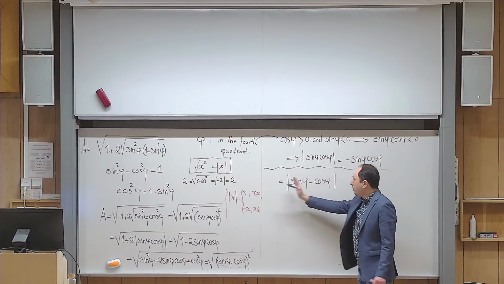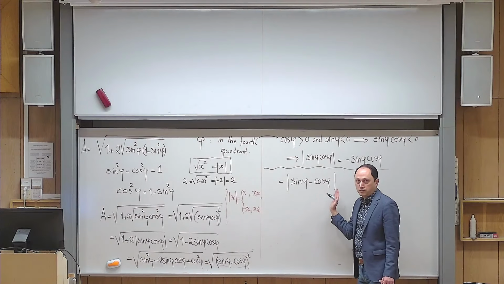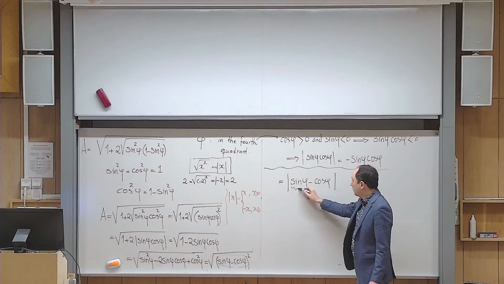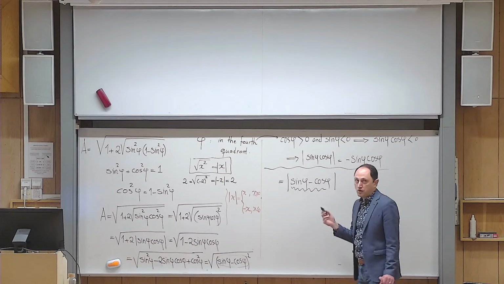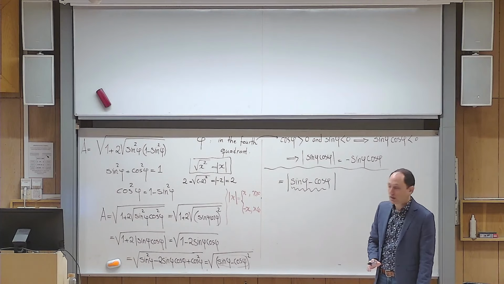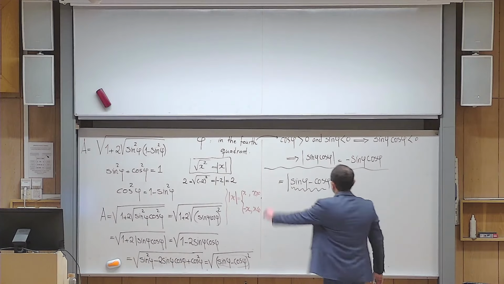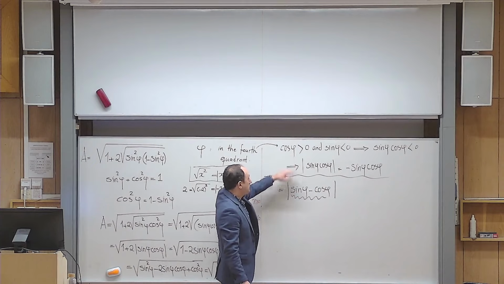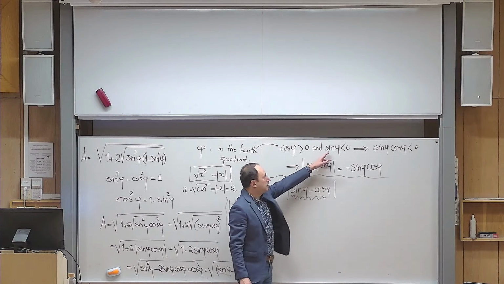I want to get rid of the absolute value sign, but there is only one way to do it: to make sure what is inside is either always positive, certainly positive, or certainly negative. Which one is the case here? Look back here. Cosine phi is positive, sine phi is negative.